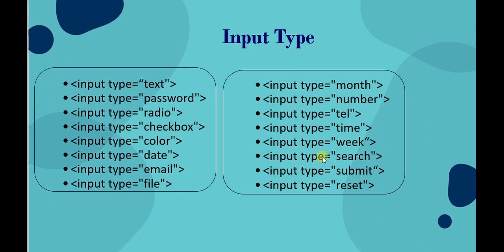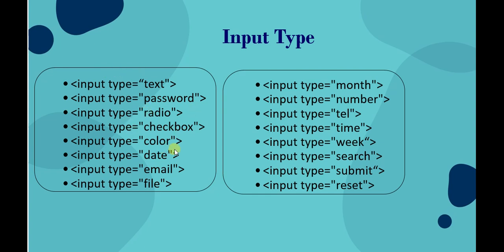Okay, what are all the input types? Here you can see several input types. I have given the maximum input types that I went through and learnt. Input type text means a text box will appear. You can input your name, like your village name, only as text.